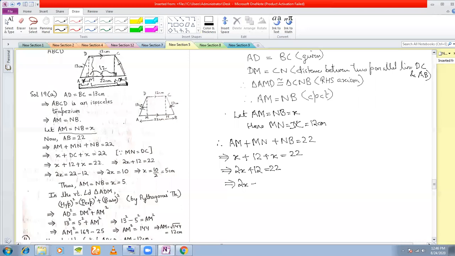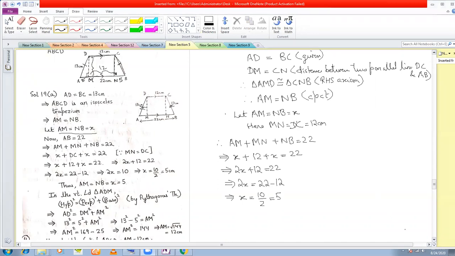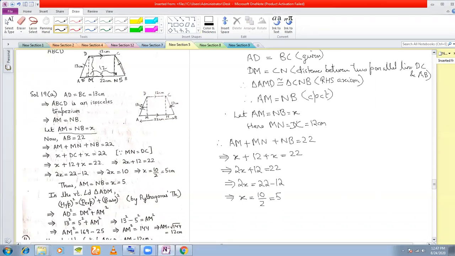That means 2X is equal to 22 minus 12. That means X is equal to 10 divided by 2, which is 5. So you have got each of these lengths as 5. That means we have got AM as 5, and we have got NB as also 5. Now we consider this right angle triangle.